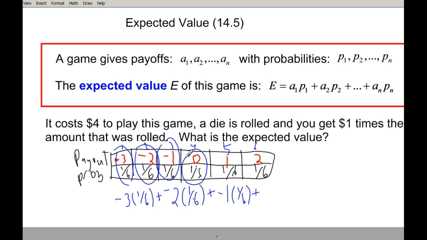Sometimes I'll just write what 0 times that is, so it'd just be plus 0 here. And 1 times 1/6 is 1/6. And 2 times 1/6 is 2/6, or 1/3.